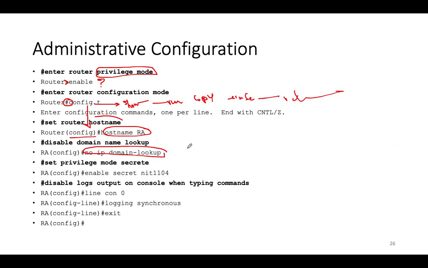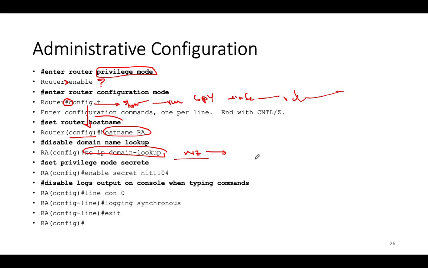One of the problems is, if you mistype any command, what's going to happen exactly? The operating system will start, for example, if I type XYZ, the operating system will start looking for XYZ. No problem with that. There is a problem: as long as the operating system is looking for the DNS, that command line will freeze.